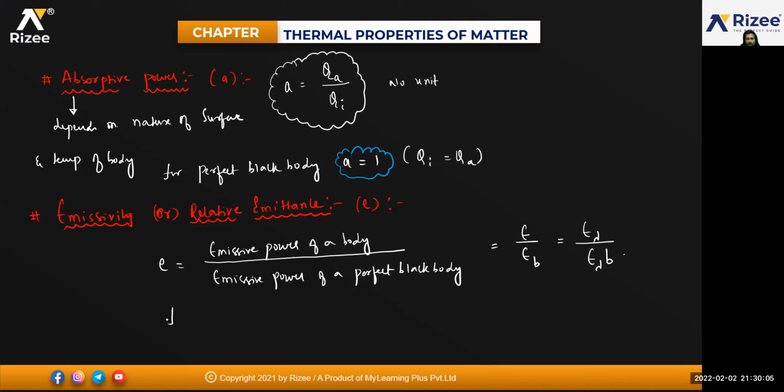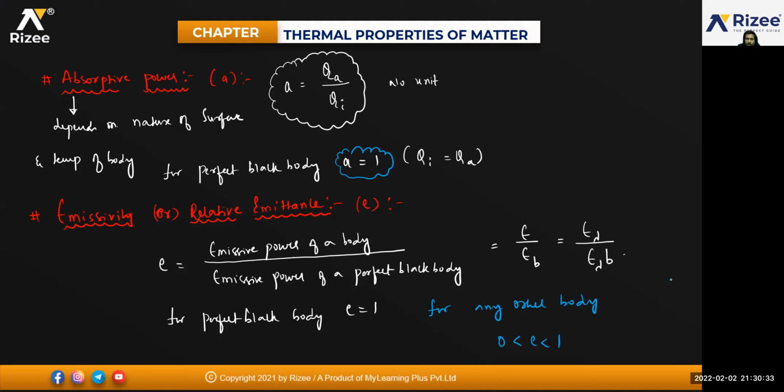For a perfect black body, emissivity is taken as 1. For any other body except a black body, the value will be 0 less than e and e less than 1.